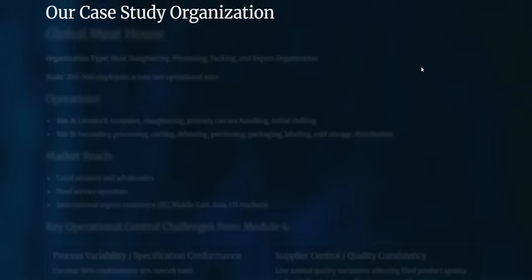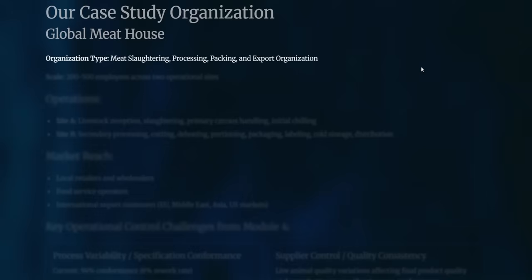Our case study company is named Global Meat House, and this type of organization handles meat slaughtering operations, secondary processing, packing, and export. The scale of our case study organization is between 200 to 500 employees across 2 operational sites.